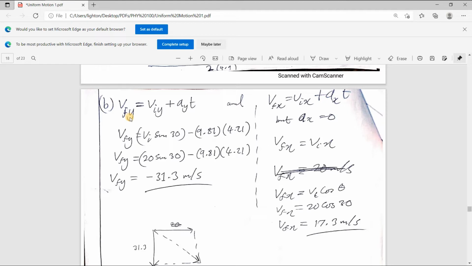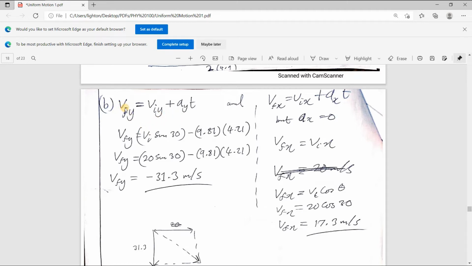We'll start with the y component and then the x component. After finding those components, we're going to find the magnitude of those two vectors, so that we find the resultant vector and get the magnitude, which is the speed.